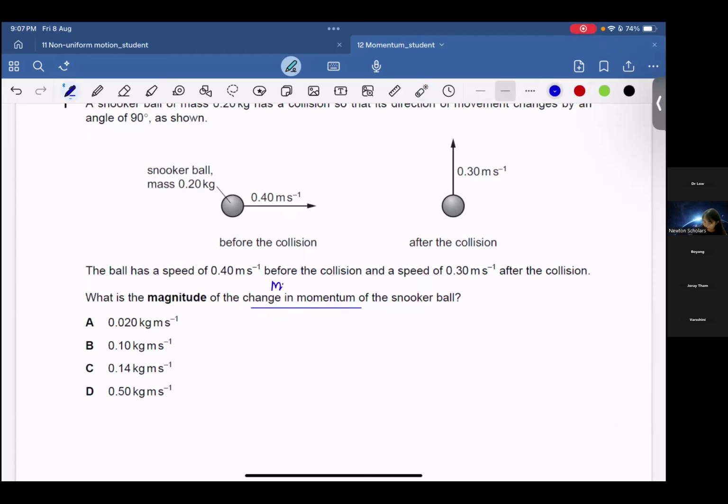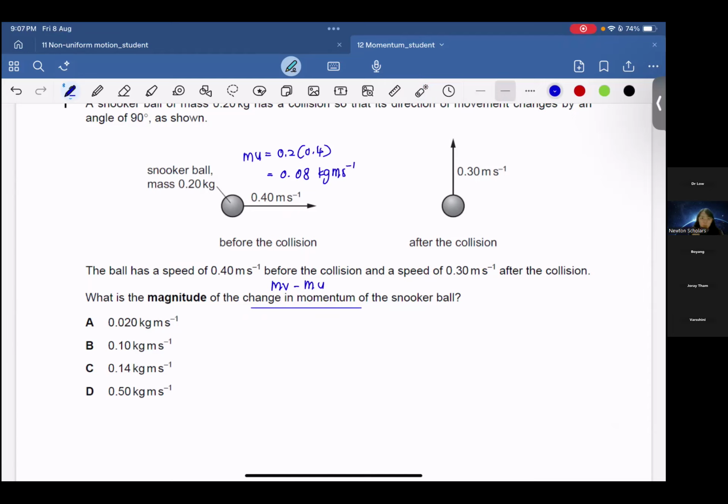Formula: mv minus mu. Okay, boys and girls, can you calculate momentum mu first? Mu is 0.2 times 0.4, we get 0.08 kg meter per second. This one is before collision.